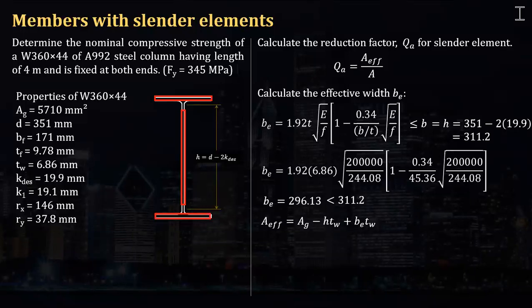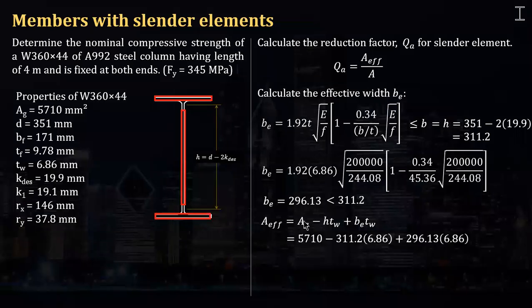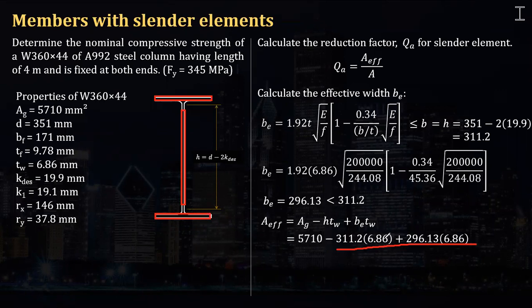So the gross area is equal to 5,710 millimeters squared minus H TW, that's 311.2 times 6.86 minus 296.13 times 6.86. The difference of these two, 311.2 times 6.86 minus this, would be the area na ito, okay? The area that is not being included.